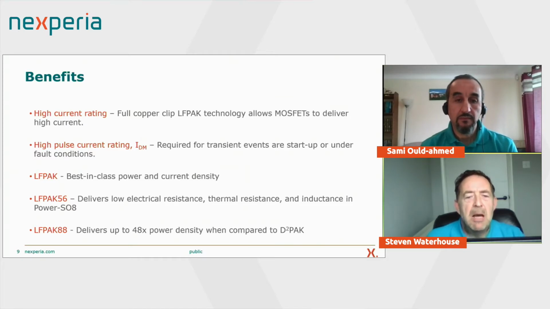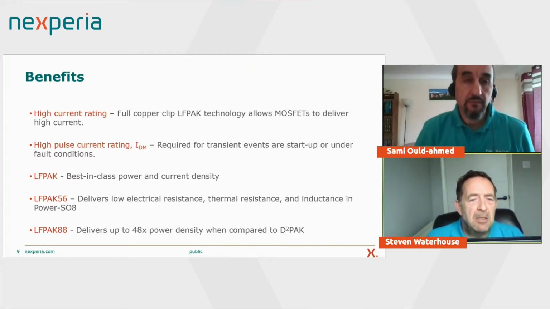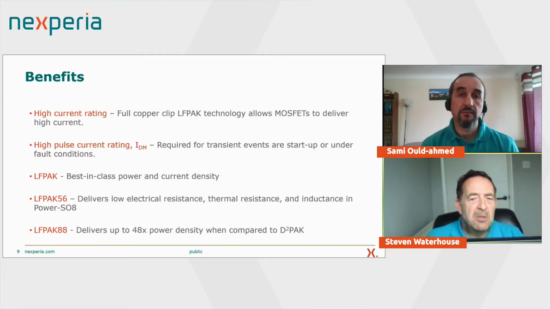When we are in the lab, we usually test to a much higher current as well. So we know that the MOSFET itself is capable of a higher current. We don't take it up to its 175 degree max rating. But again, that just stands out that the full copper clip LFPAK technology gives us that capability.